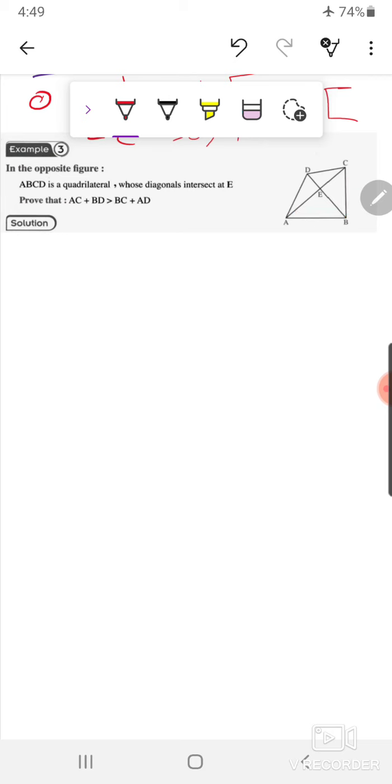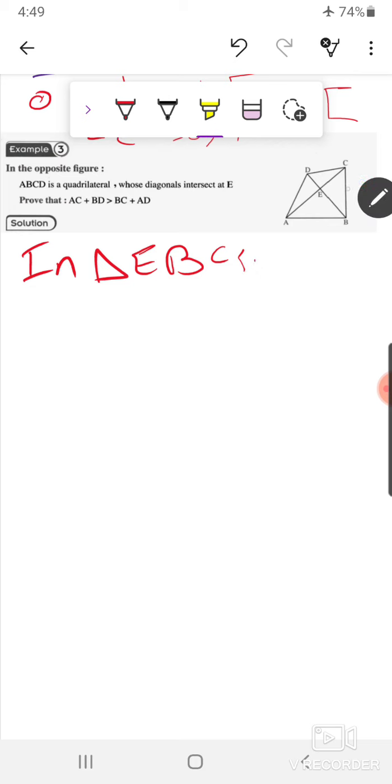First of all, I must classify the triangle. Sorry, in triangle EBC. Let's see which triangle is EBC: E, B, C, this part. I make it with another color.